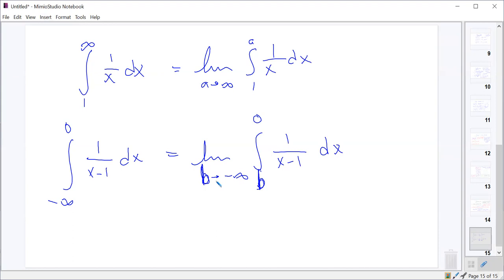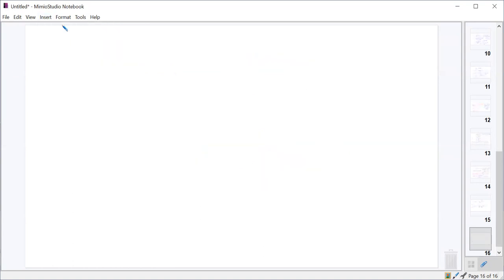Oftentimes you might end up with a final value for your integral that's something like the natural log of the absolute value of x minus 2 minus the natural log of the absolute value of x plus 2.